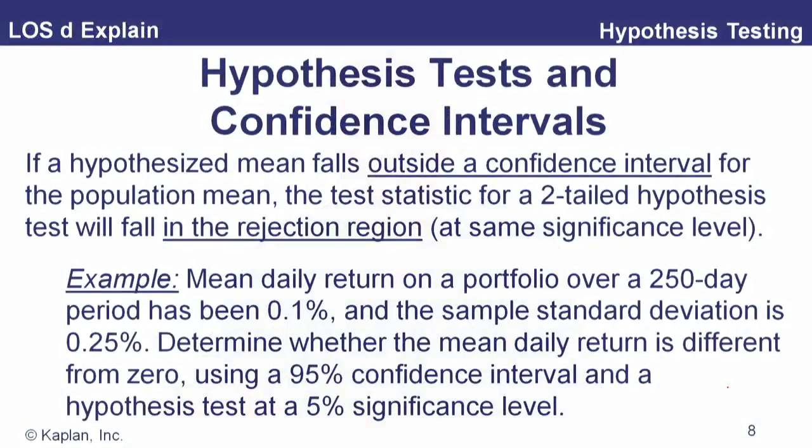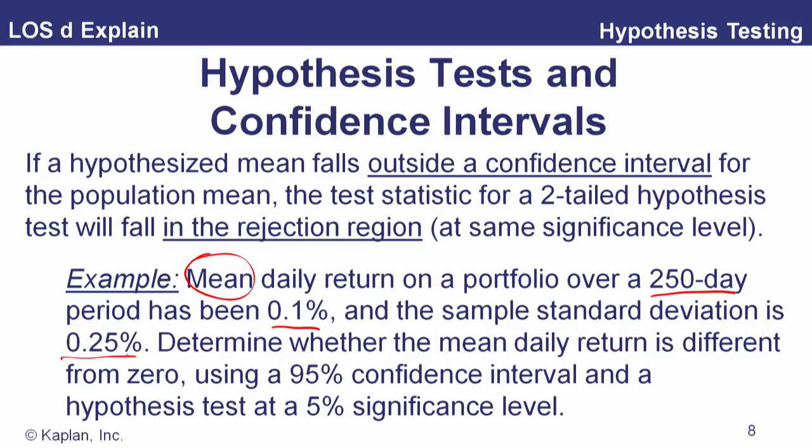So if a hypothesized mean falls outside the confidence interval for the population mean, that's the rejection region. So consider an example. Mean daily returns on a portfolio over a 250-day period, we're working with the mean here, has been 0.1%, and the sample standard deviation is 0.25%.